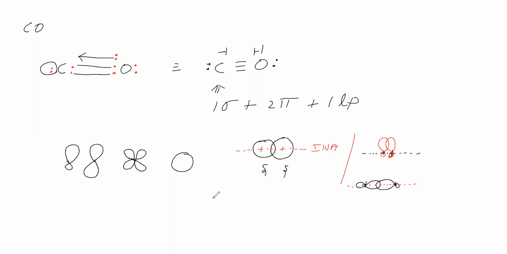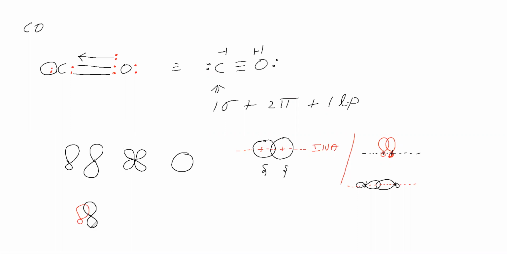Between a hybrid orbital and a p orbital, will there be a pi bond or not? That we'll see. Now we will say this is the hybrid orbital. Now we will take a p orbital. This is the p orbital. So the p orbital undergoes overlapping here, but no overlapping here.